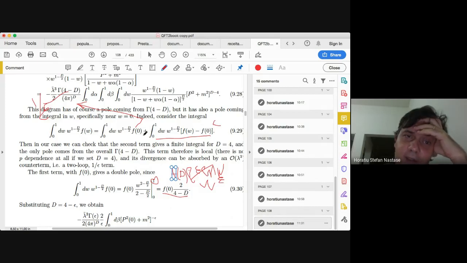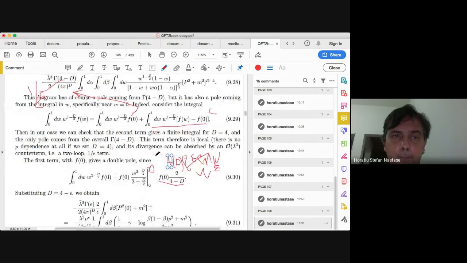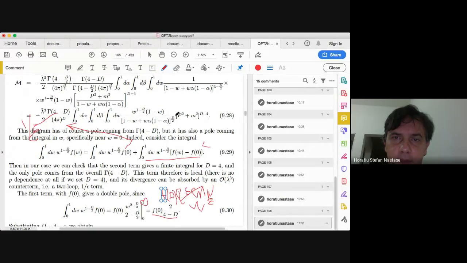So there's still a 1 over epsilon divergence, but the 1 over epsilon divergence will be local, since if I put d equal to 4, then this term becomes equal to 1.